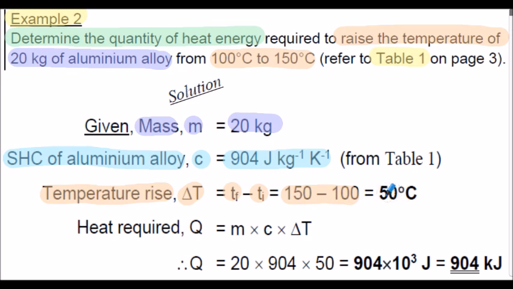So 50 degrees C, or of course that could be 50 K, is the temperature rise for example 2. So to calculate the heat energy required, Q is simply M multiplied by C multiplied by delta T. Inserting the values to find Q, heat energy required to raise the temperature of the aluminium alloy in this case is 904 times 10 to the 3 joules, or of course that's 904 kilojoules.